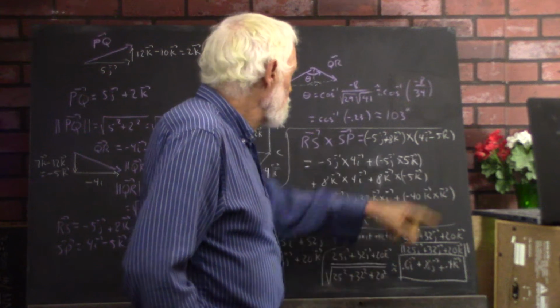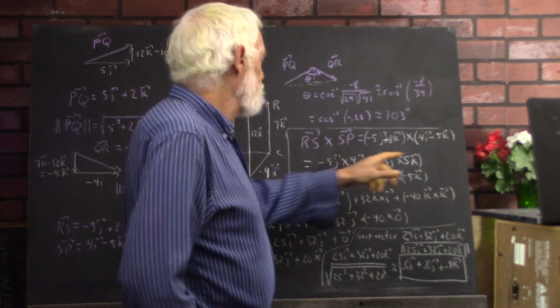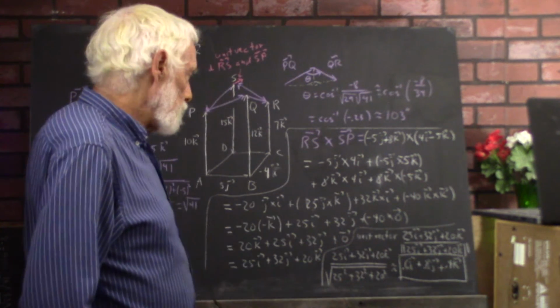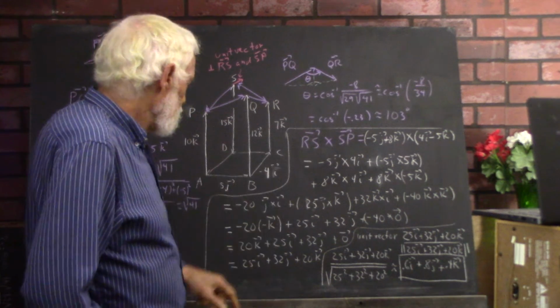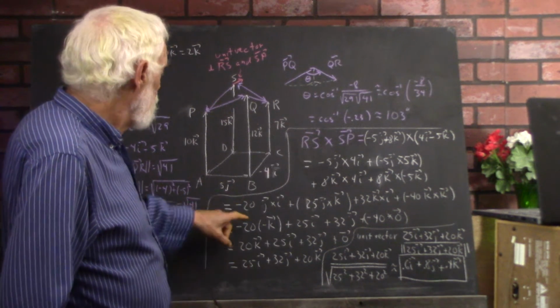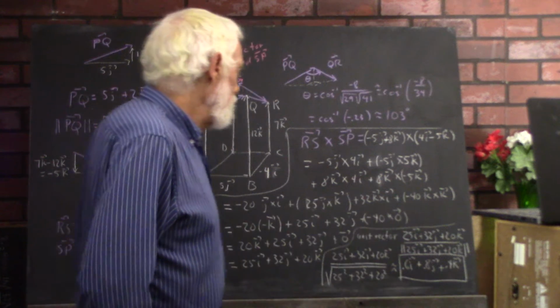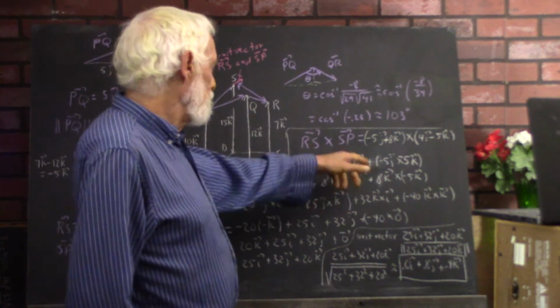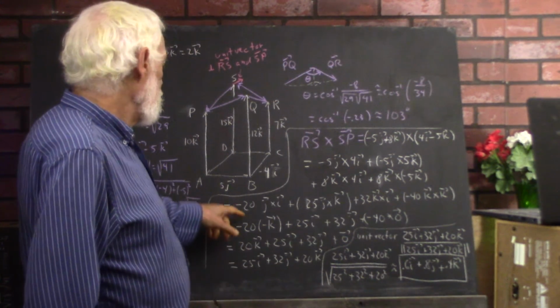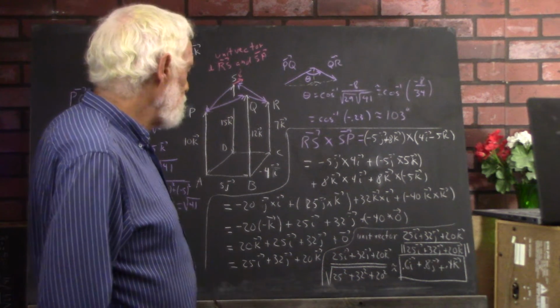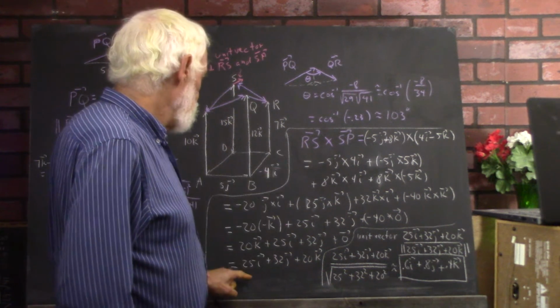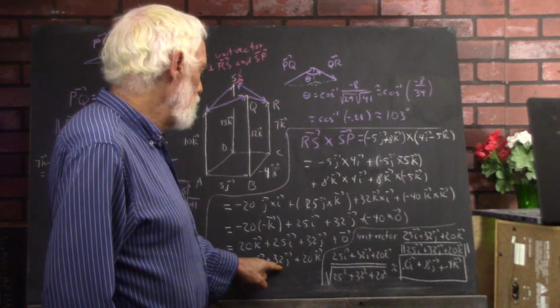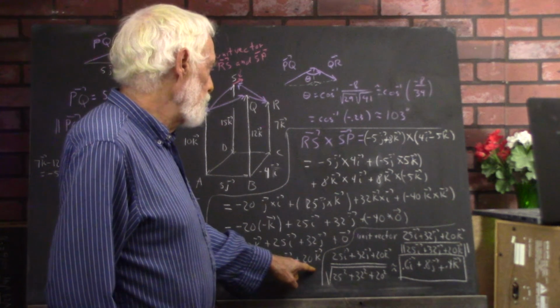So we have this cross product. We use the distributive law just the same way we did on that video. Discussed it in more detail in the class. And we got all this. And maybe it's accurate, maybe it is, and I made a few errors when I did this. And I think I corrected them all, but maybe not. And ultimately then we find that the cross product is 25I plus 32J plus 20K.